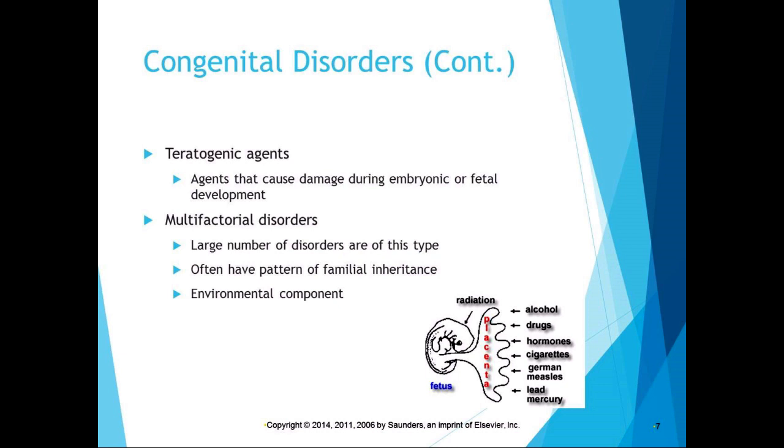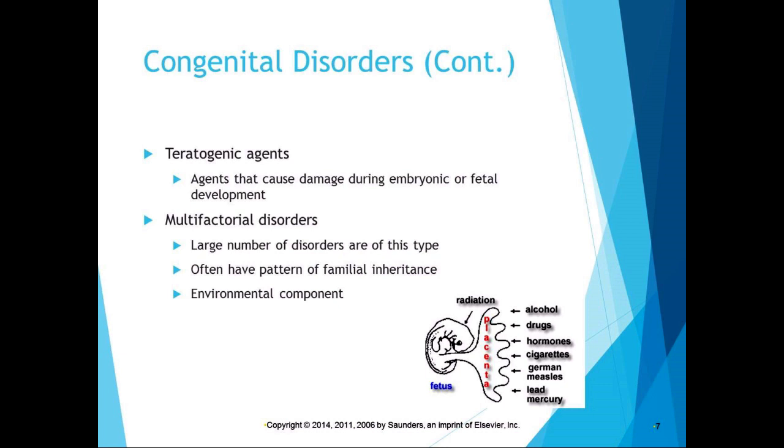Developmental defects might be spontaneous errors in the DNA, or they might result from exposure to environmental factors in utero. In the pharmacy chapter, we talked about teratogenic agents, teratogenic drugs, but there are other things besides drugs: alcohol, hormones, cigarettes, German measles or rubella, exposure to lead and mercury.